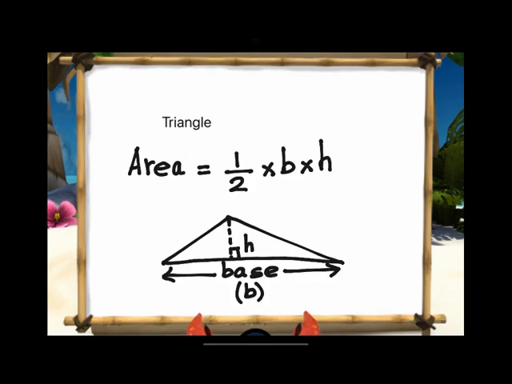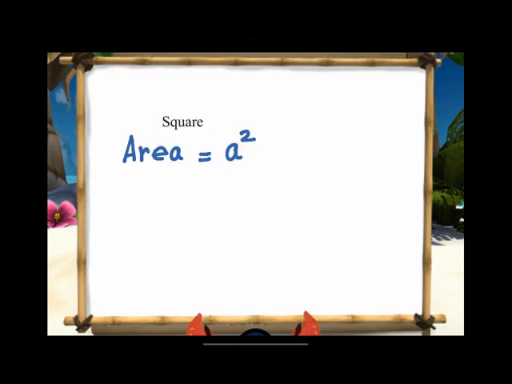The area of a triangle equals half times base times height. For square, the area equals A square, where A is the length of each side of the square or the side length of a square.